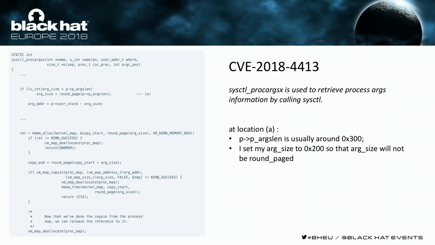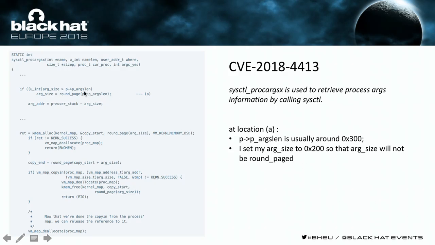Okay, let's see the first vulnerability, 4413. You can see this code here at location 1. The p_args length is usually around size 0x300 here.